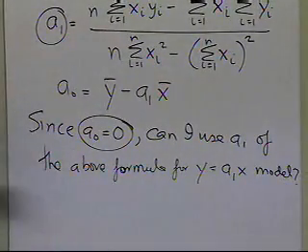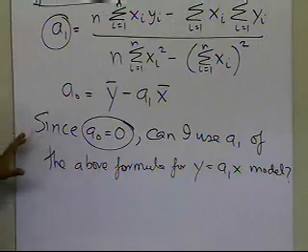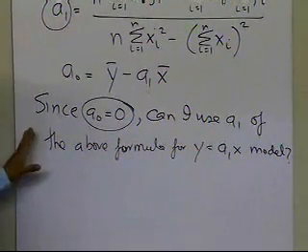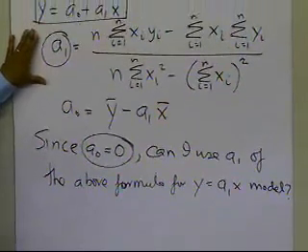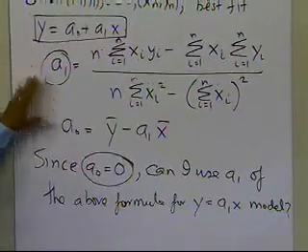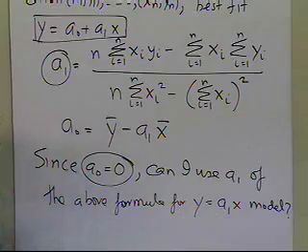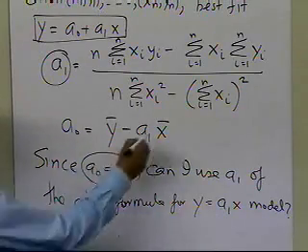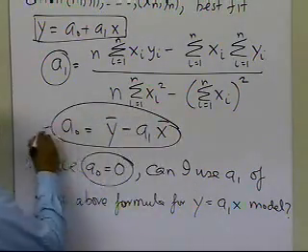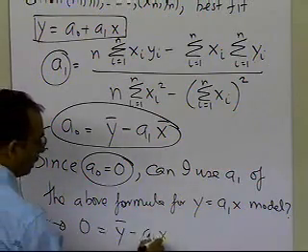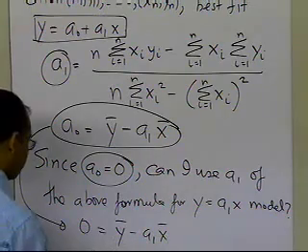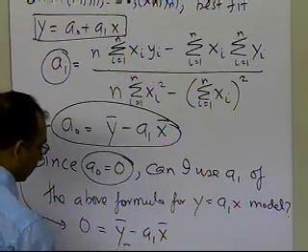The question is that since a naught is equal to 0 for our current model in which we have no intercept, can I simply use this expression for a1 as my value for a1 for the regression model of y is equal to a1x? And somebody might say, no, why don't you just take this one, since a naught is equal to 0, 0 is equal to y bar minus a1 x bar. So this looks nice. So a1 is y bar divided by x bar then.